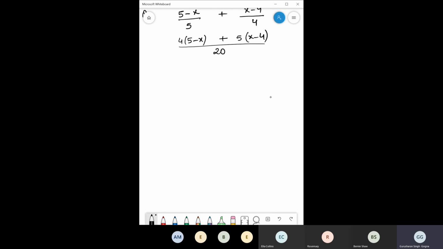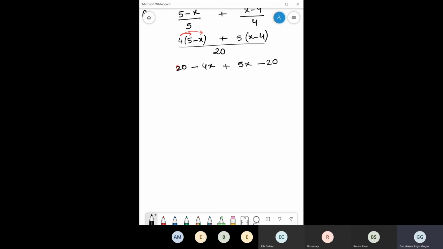Now how to multiply a number inside the bracket? You have to multiply the number with each term inside the bracket, isn't it? So 4 by 5 is 20, minus 4 by x is 4x, plus 5x, and 5 multiplied by minus 4 is minus 20.